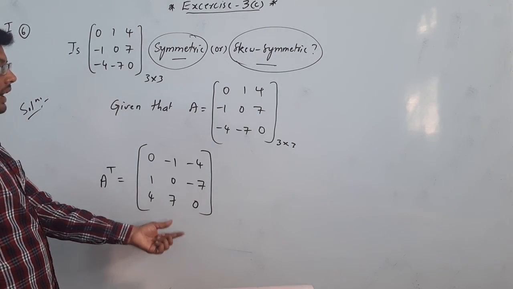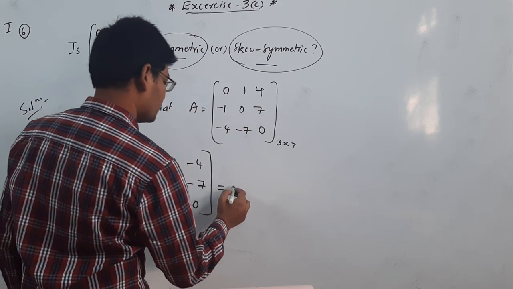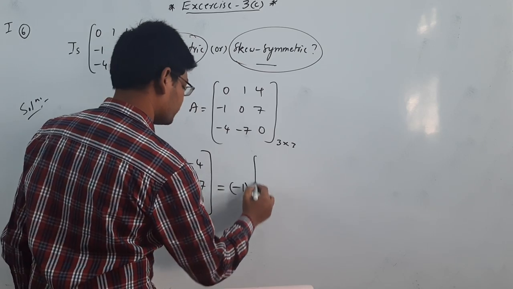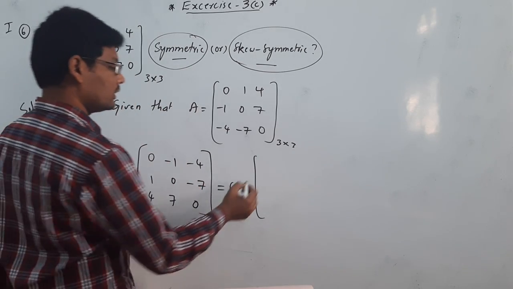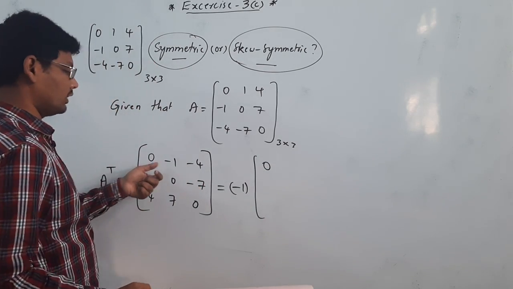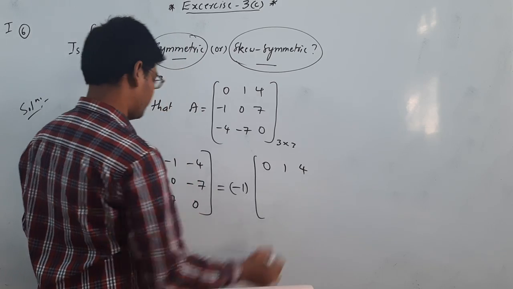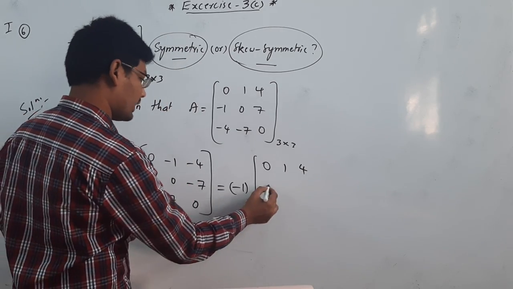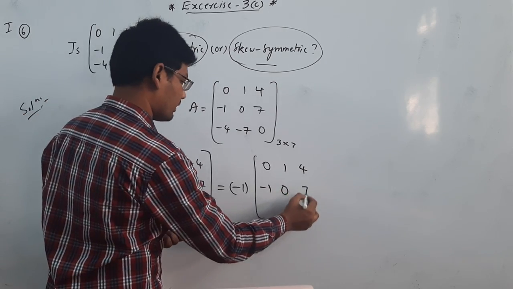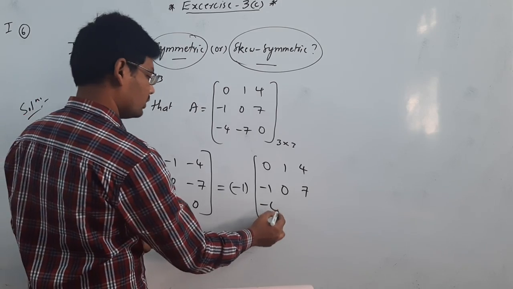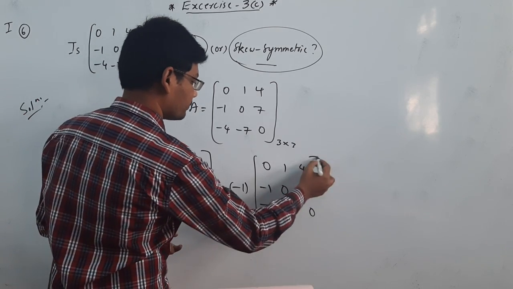If you take minus 1 common from this matrix, the signs will be changed: 0 1 4, and 1 minus 1 0 7, and minus 4 minus 7 0.